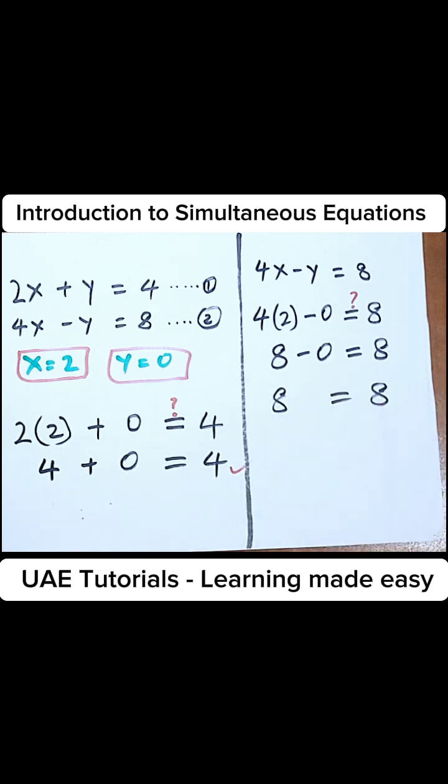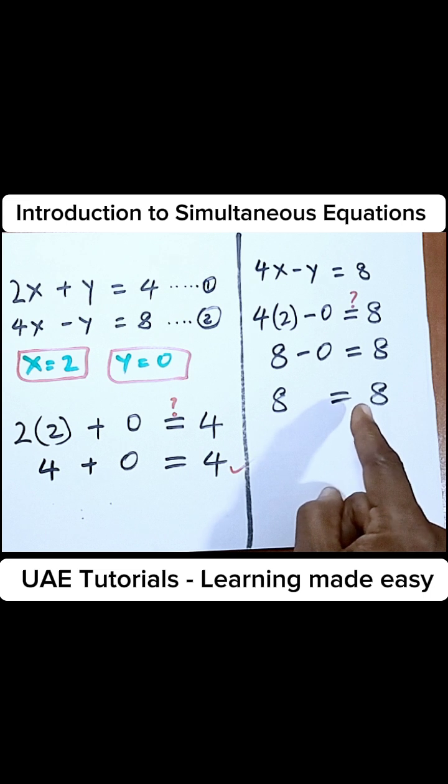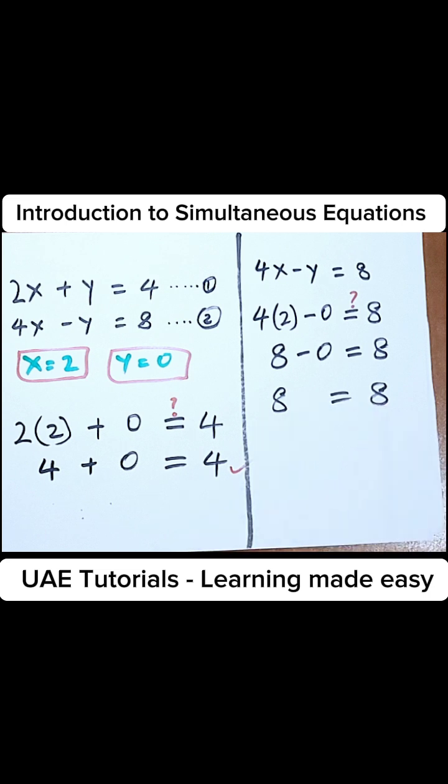The meaning of the equality sign is like a scale. When you are weighing something on a scale, neither side should weigh more than the other. So both sides of the equation balance each other out. Now these two values satisfy the two equations. I hope we got the concept very clear.